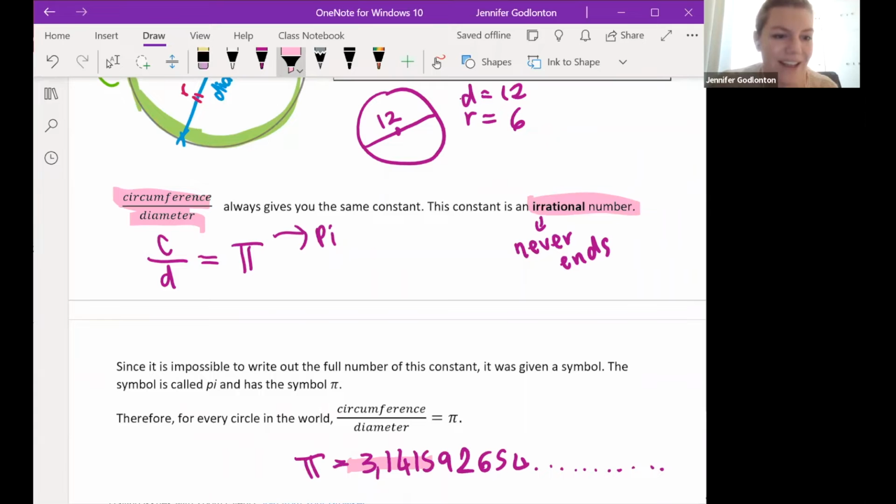And the world record holder, the person who's memorized the most digits of pi, memorized 100,000 digits of pi. So that means he stood there and from memory was able to say all of these different numbers, 100,000 of them, and got them correct.